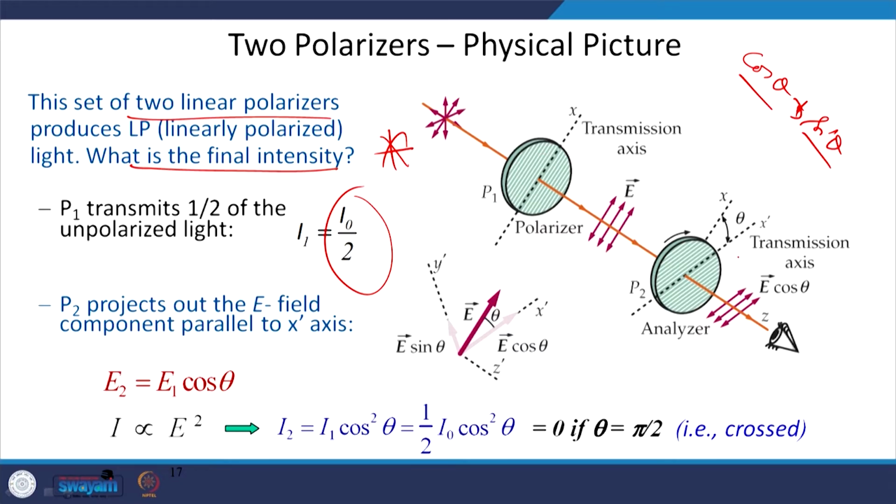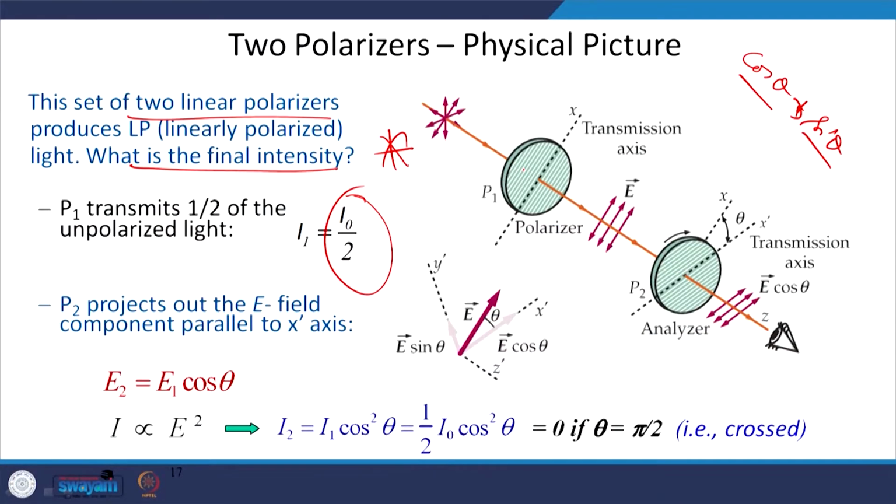Whatever is coming along this transmission axis, you can add all the components of all the electric field vectors, and what you find out is that it is I 0 by 2, half of the intensity is cut down, half passes through. Now, I put this one at theta to this. So, I told you that I 2 will be I 1 cos square theta, and if theta is equal to pi by 2, we will get 0. That is what we discussed earlier.